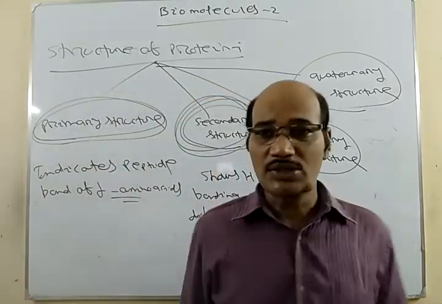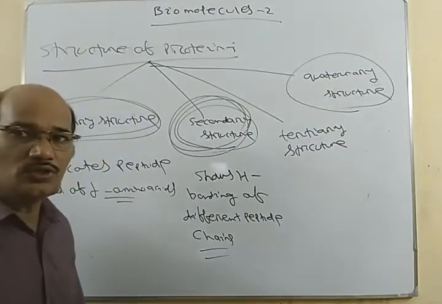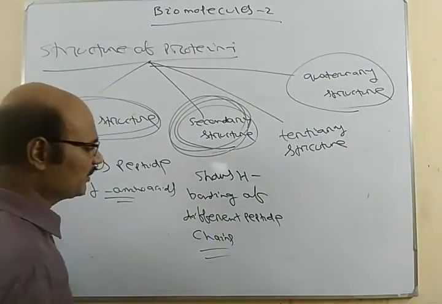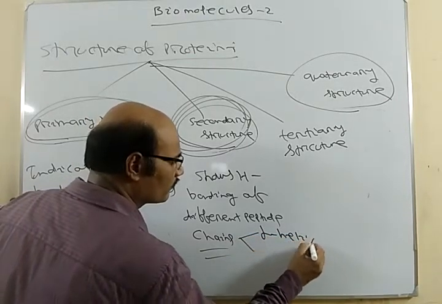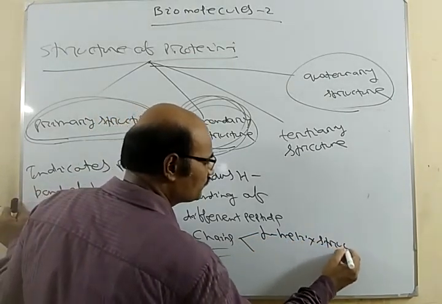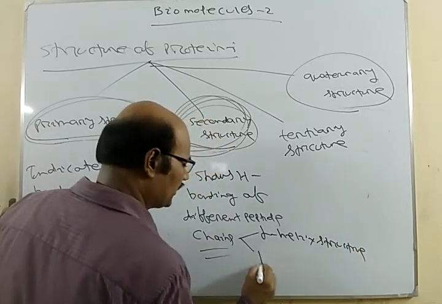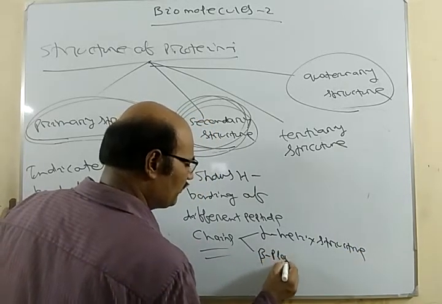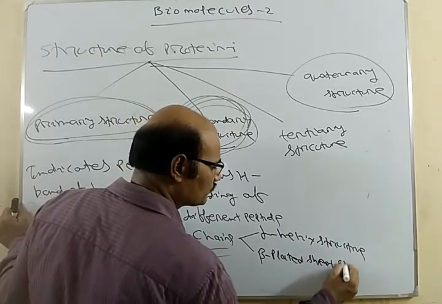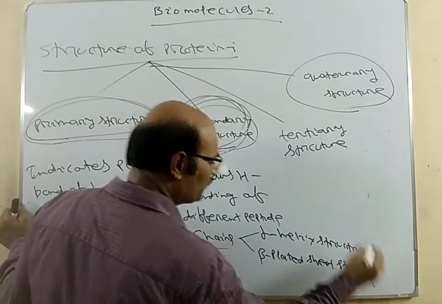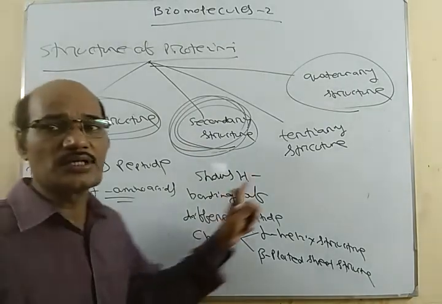And this secondary structure is of two kinds. One is alpha helix structure and the other is beta pleated sheet structure. Okay. Now come to tertiary.